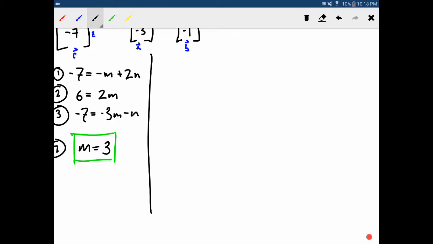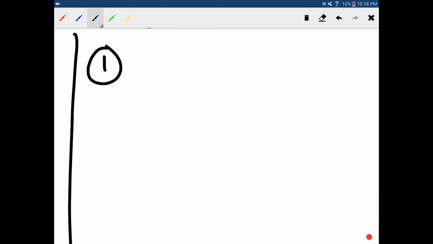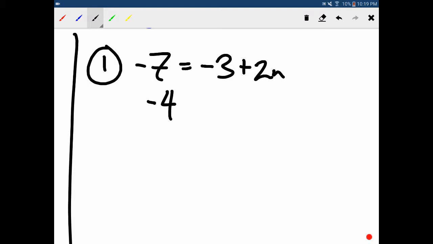So now we'll take equation 1, and we have -7 equals, and I'm going to sub in this 3 for m, so I've got -3 plus 2n. Which of course tells us that, oh well, I better not skip steps here, so we got -4 equals 2n, or n equals -2. So there's our second one.